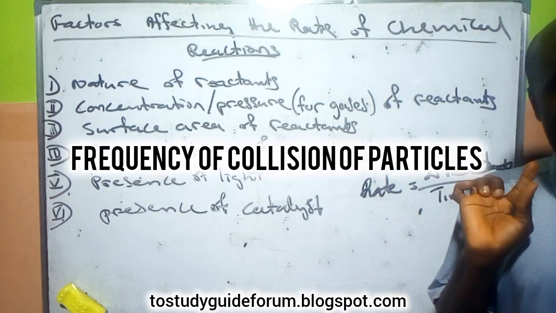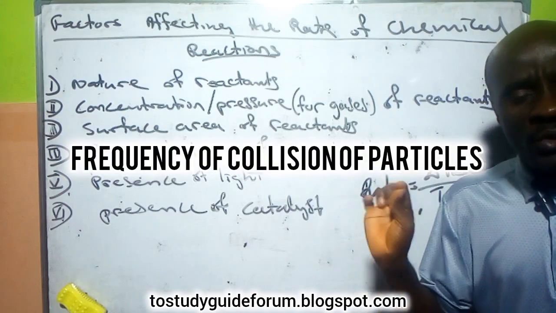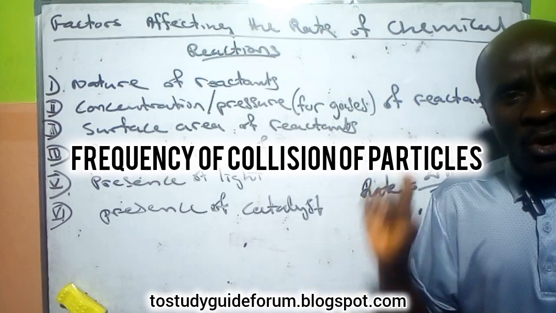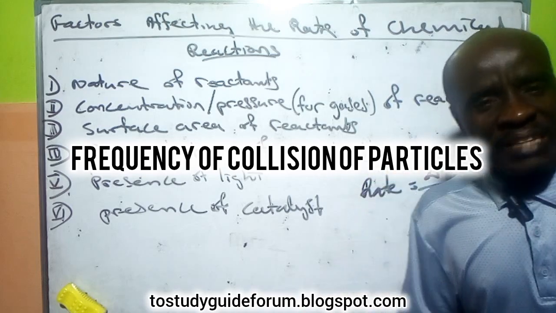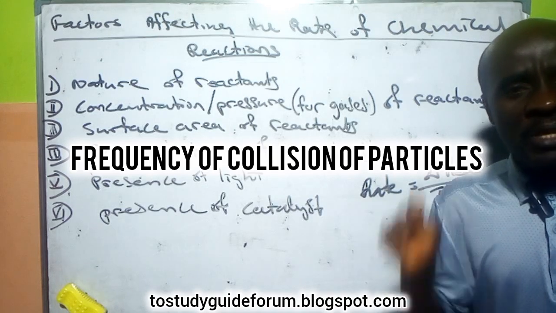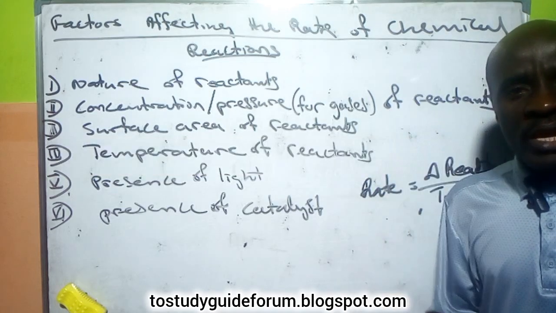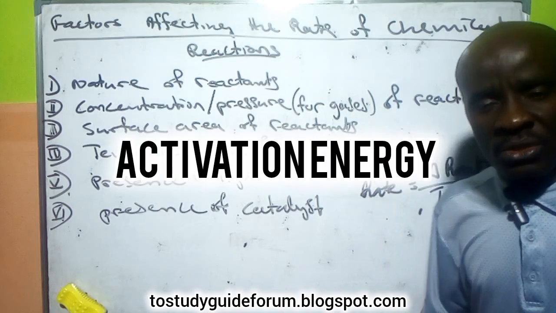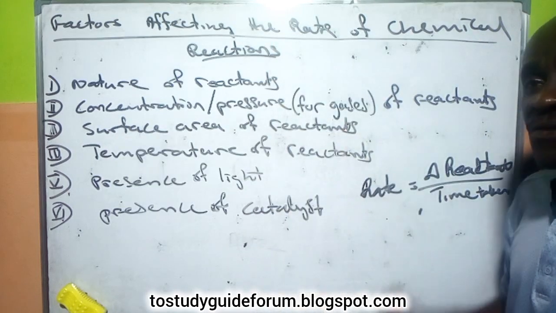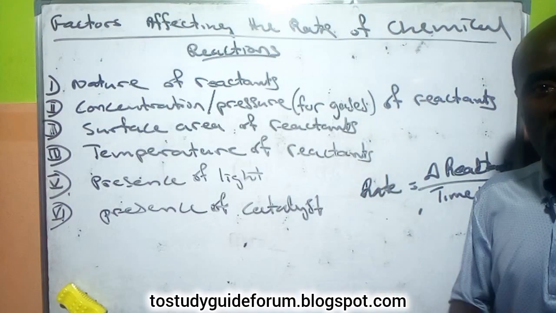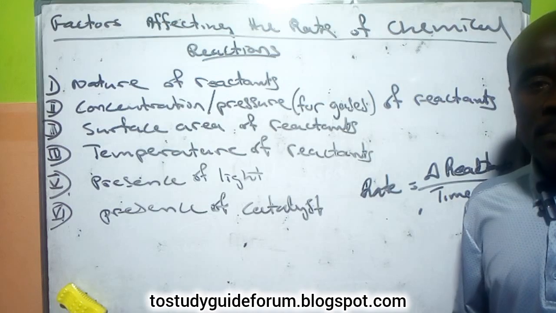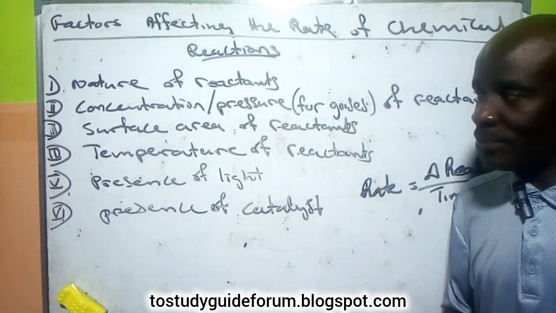Anything that can influence the frequency of the collision of the particles can also affect the rate. And finally, anything that can affect the activation energy can also affect the rate of chemical reaction. These are the three things that can be influenced. All the factors listed here influence one or two of them in one way or the other to make the reaction fast or slow, as the case may be.